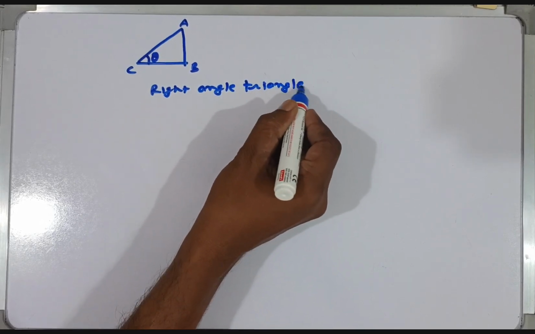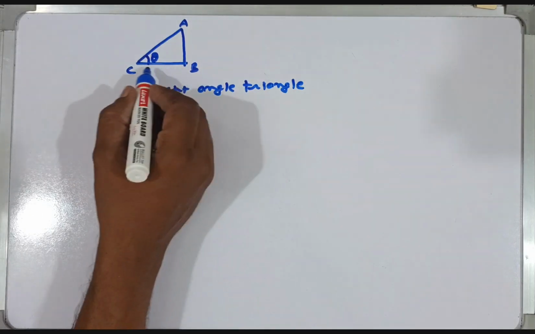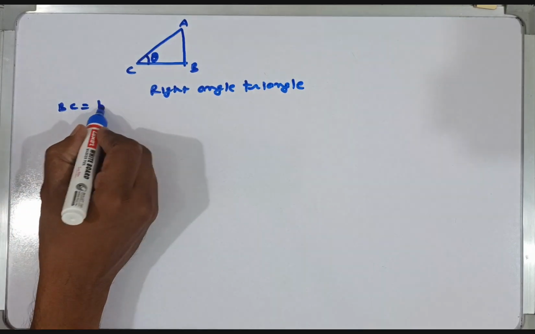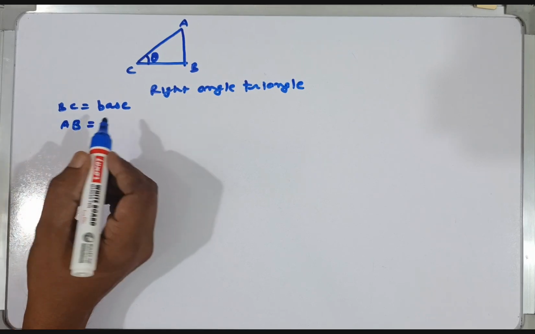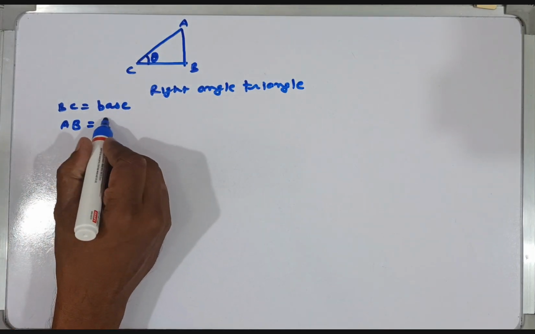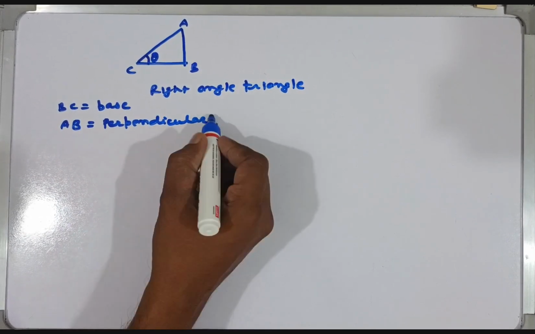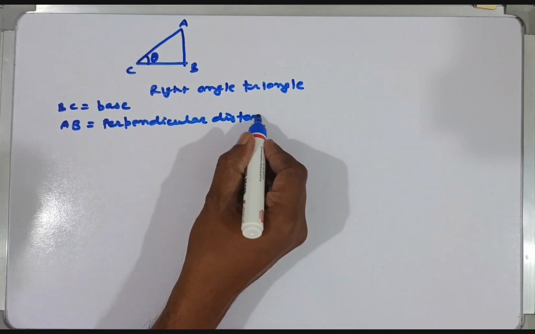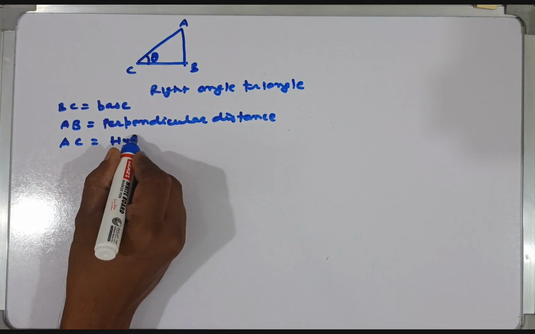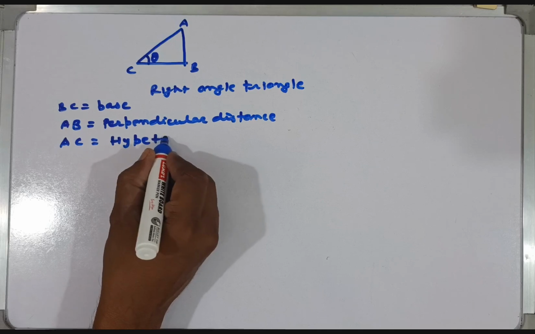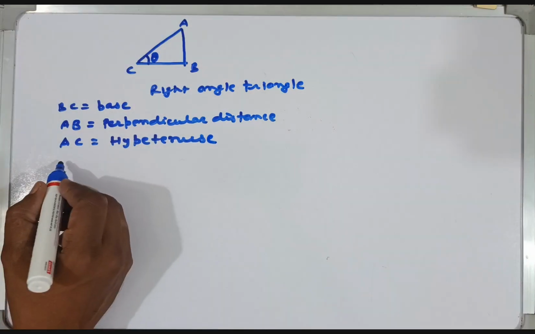In trigonometry BC is known as the base, AB is known as the perpendicular distance, and AC is known as the hypotenuse.